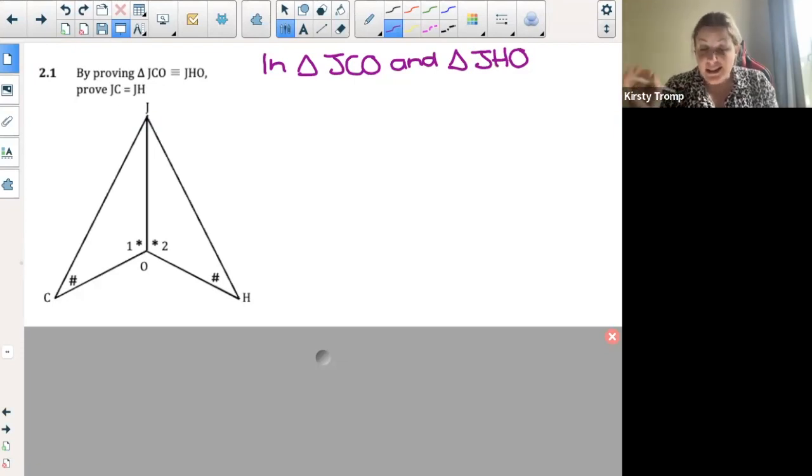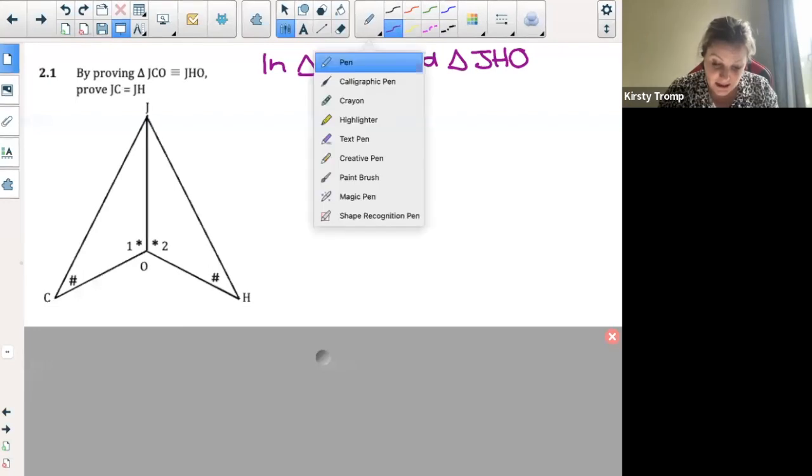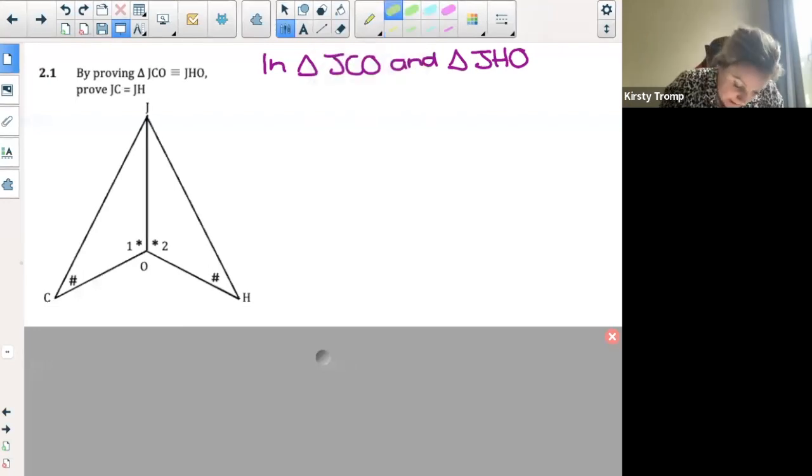What's really great is sometimes the way that they've named the triangles can help you as well. But in this case, we're going to first have a look at what they've drawn on my picture, because I'm seeing some stars and some hashtags. Let's start with those stars. I'm going to use some colors to highlight it to you. Can you see they've got a star here and a star here?